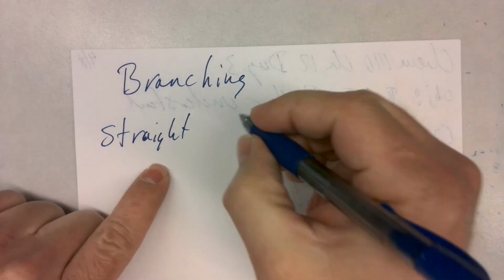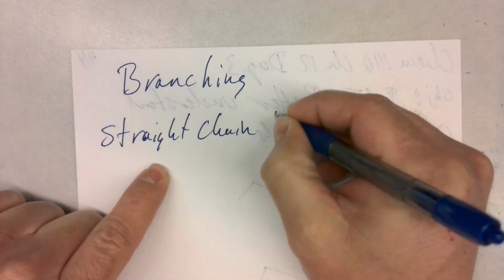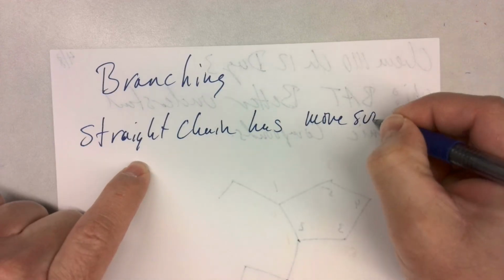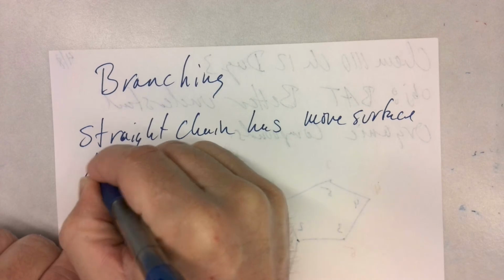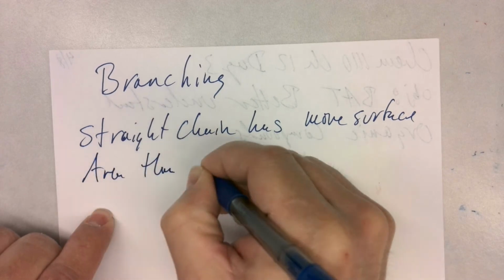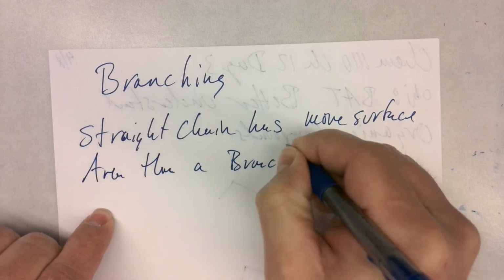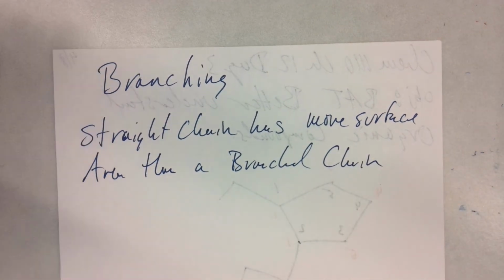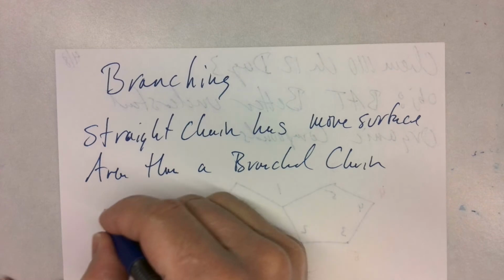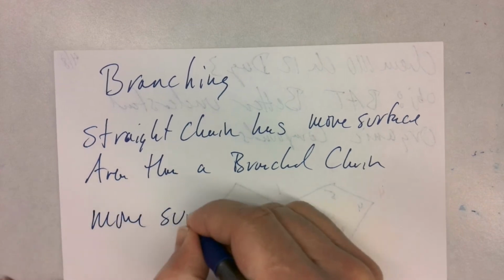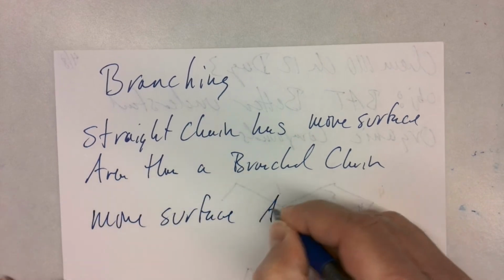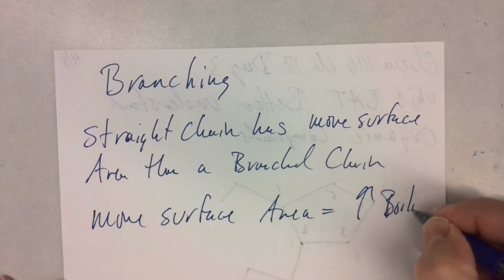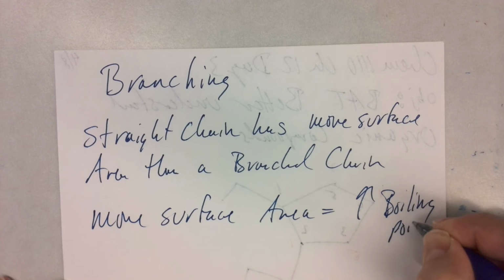Okay? So a straight chain has more surface area than a branched chain. Okay, and that is important, because more surface area equals higher boiling point.